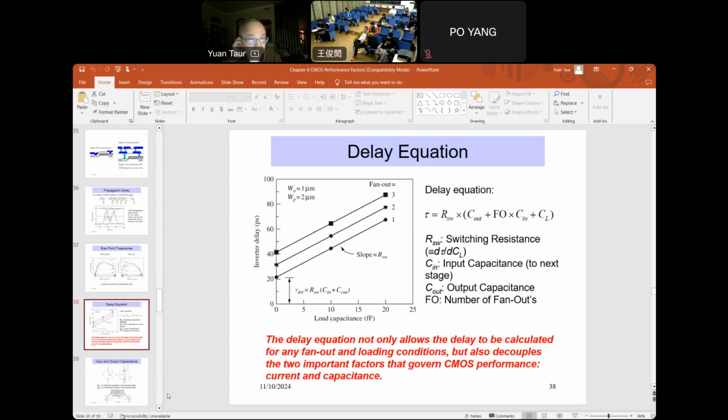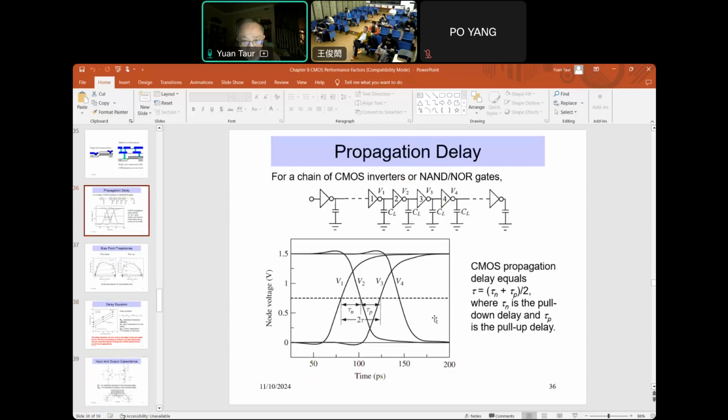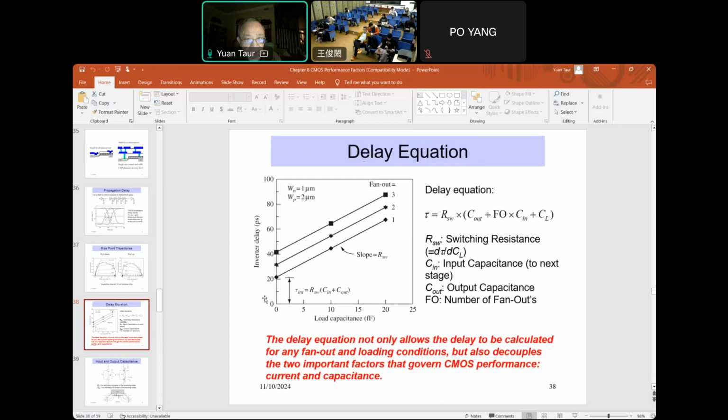Now, from delay point of view, we can construct a delay equation that looks like this. So tau is the delay we defined here. It's the average of NMOSFET and PFET pull down and pull up delay, and it's a function of CL, of course. So this is the delay versus load capacitance CL.